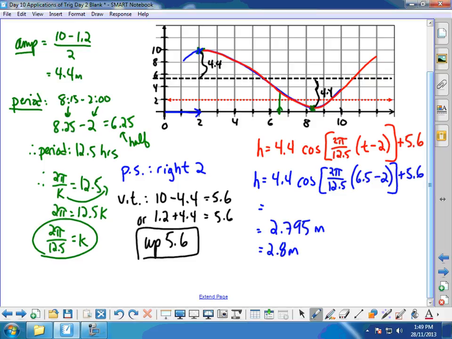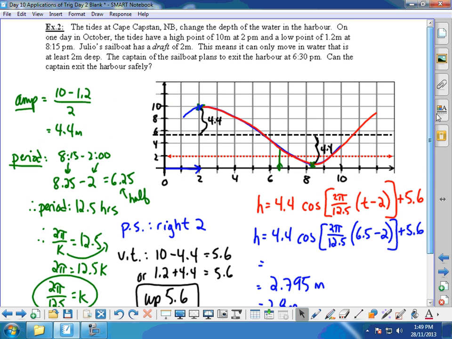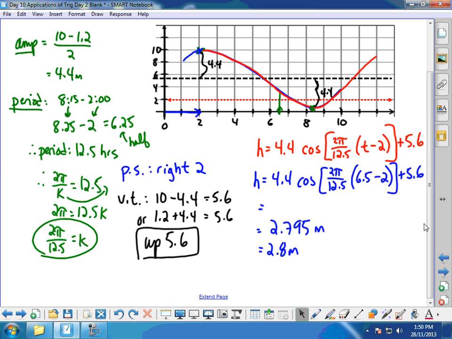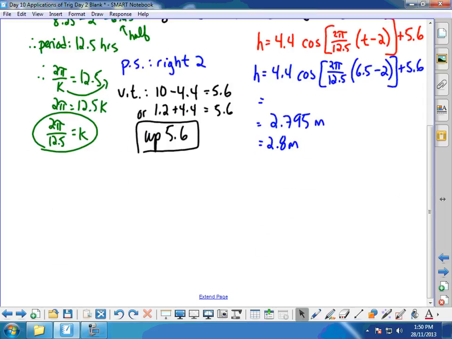That's great. I did some math. I figured out 2.8 is this number. Now I've got to answer the question. Apparently, he needs at least 2 meters of water at 6.5 hours, or 6:30. There's 2.8 meters of water.